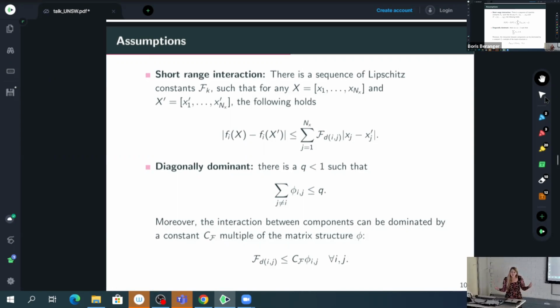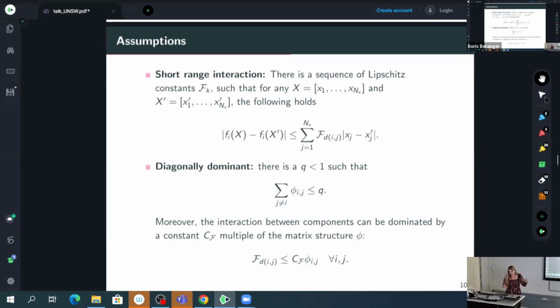But that's not what we do. The grid is still several kilometers maybe, but the space you're looking at is very large. So what you do have is short range interactions. That's an assumption that we needed to make, but it essentially just means that one grid cell is not affecting grid cells that are super far away. It goes in the same direction as the localization, but this is now in terms of the model.